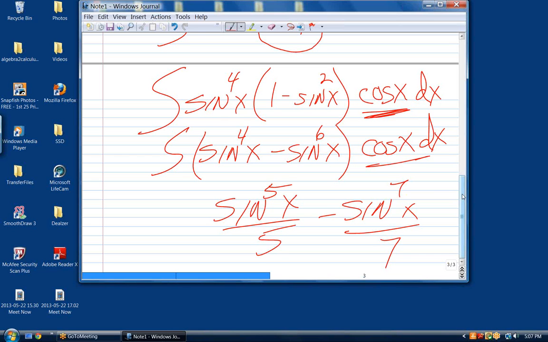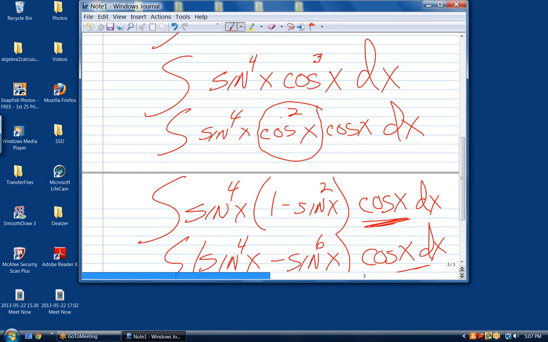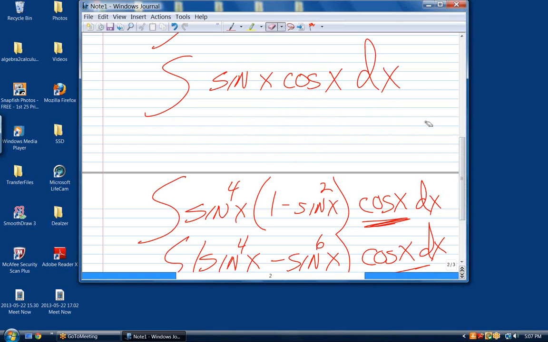In other words, if we go back and look at the problem where let's make this cosine of fourth, sine of third, let me just switch them around here for a moment. In other words, if the cosine is even and the sine is odd, then what do I want to pull out?